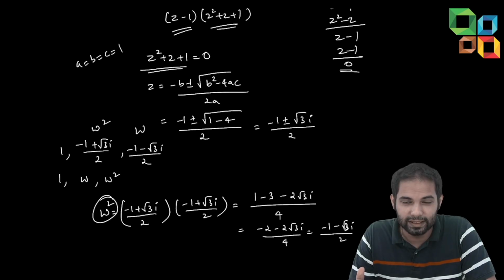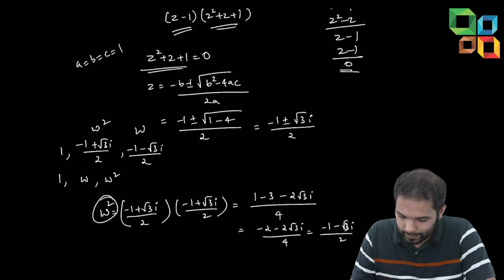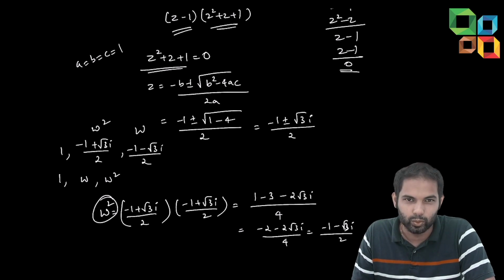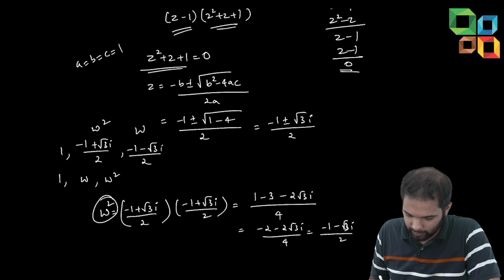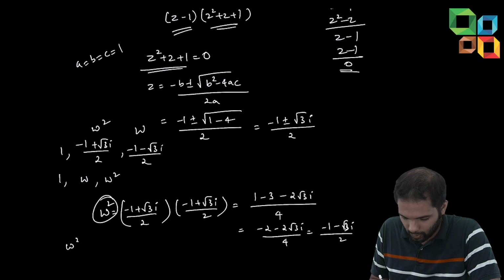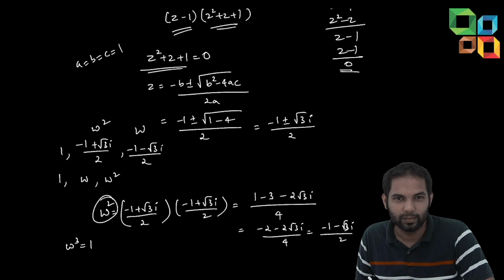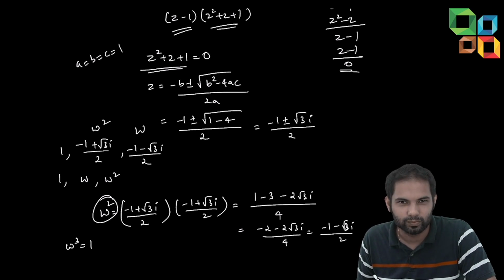So it's clear there are 3 roots, 1, omega and omega square. Using these roots, there are a lot of things you can solve. One of the properties is omega cube is equal to 1. Can you think of why this is true?